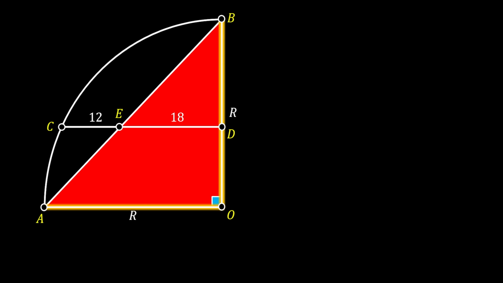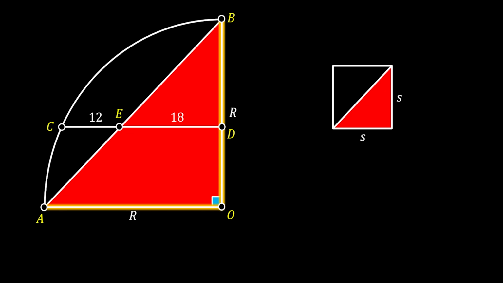Just as a quick reminder, an isosceles right triangle represents half of the square. So this means that the acute angle of this triangle must be 45 degrees, since its hypotenuse represents the diagonal of the square. This means that the angle at the point A of our red triangle must be a 45-degree angle.